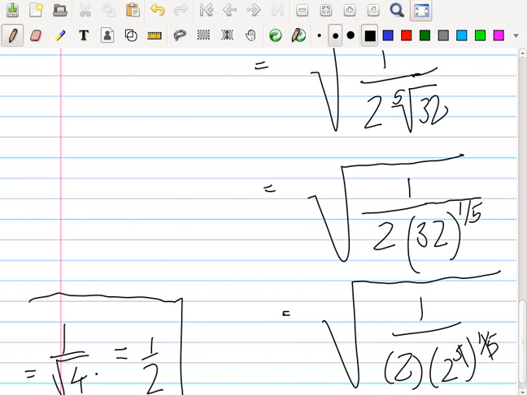Like for example, what's 9? It's 3 squared. What's 81? 9 squared. 125? 5 cubed. It's just something you recognize. So 32 is 2 power 5. 64?